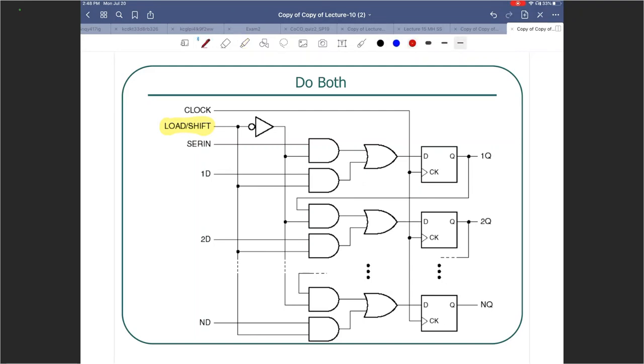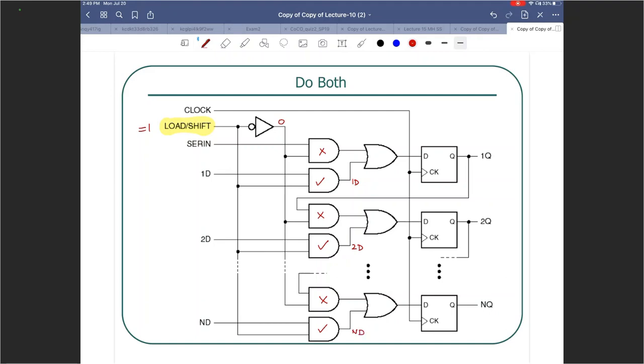If that is 1, this is 0, which means these are 0 here. That means that is out, that is out, that is out, right? Essentially those AND gates will give out a 0. But this one is in, and in, which means I will have 1D appear over here, 2D appear over here, ND appear over here.